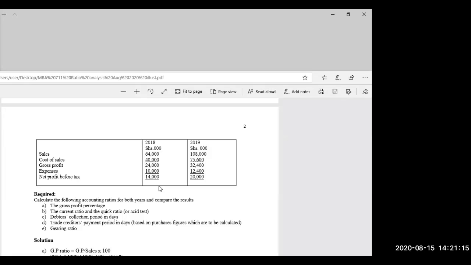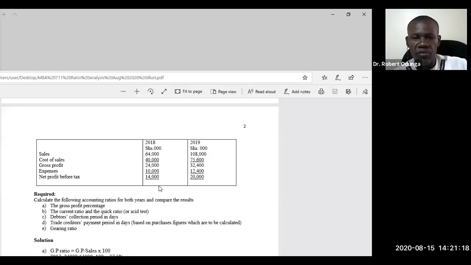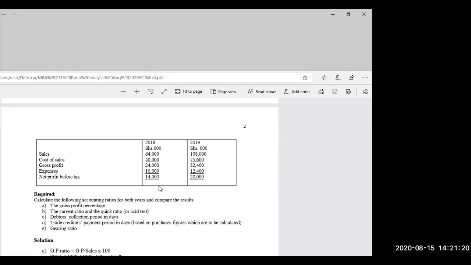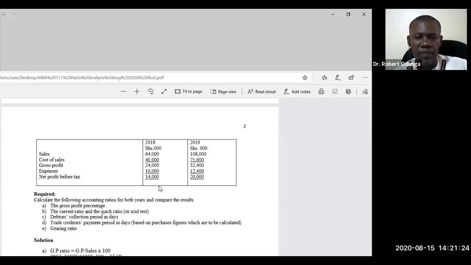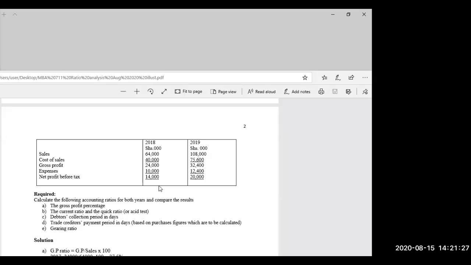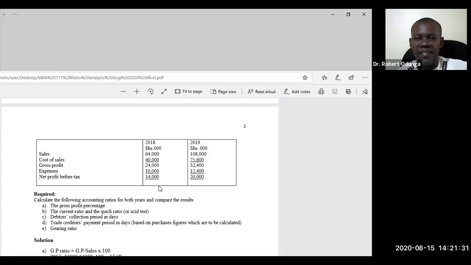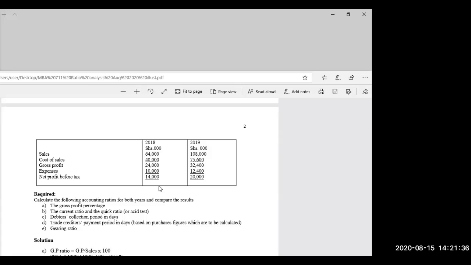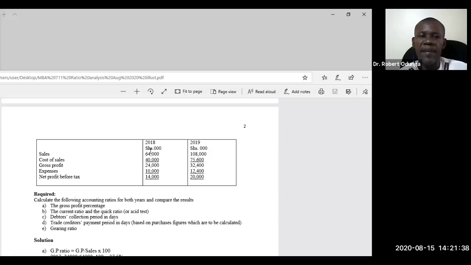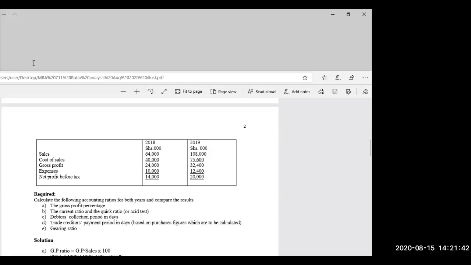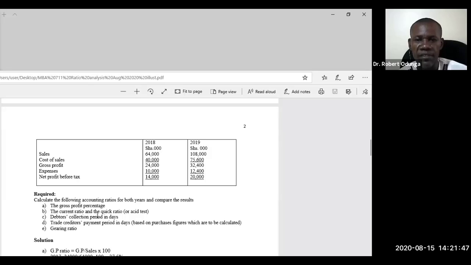Therefore, we need to understand the formula for each particular ratio, why that ratio is important, and then the last thing is the interpretation of that ratio and how it can help you as a manager make the right decisions.